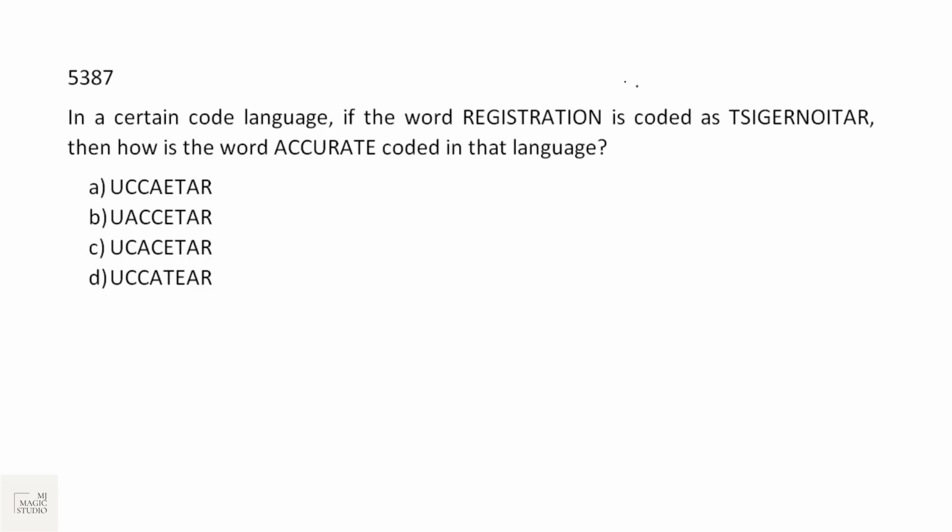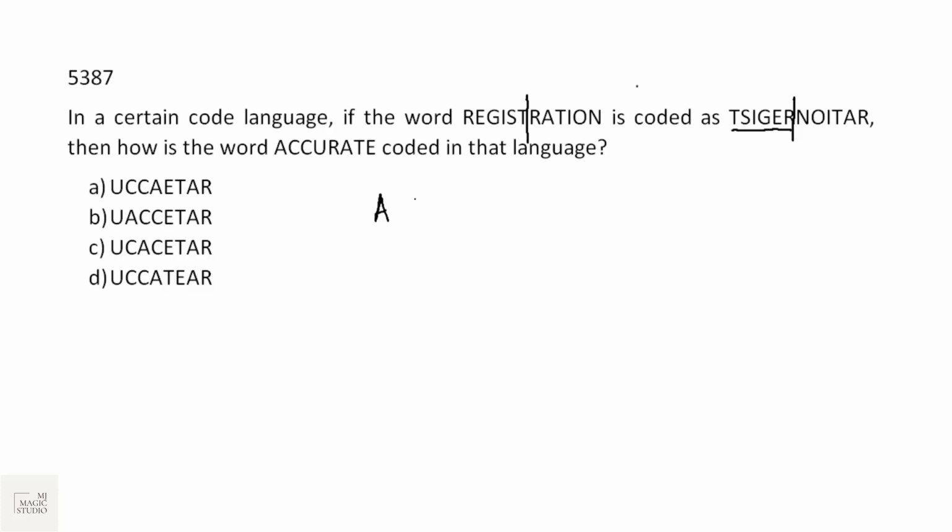Next few questions are from coding, decoding, and let's see what different questions we have. In a certain code, registration is coded as this. What is accurate? Okay, if I read this clearly, this is register, R-E-G-I-S-T, R-E-G-I-S-T, and then N-O-I-T-A-R.